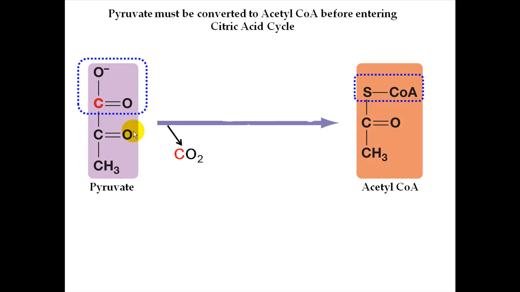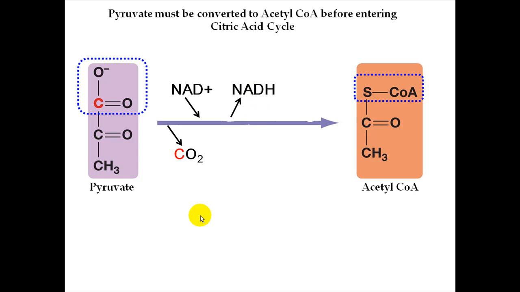It turns out that during this step, this conversion of pyruvate to acetyl-CoA, this is another step where high energy electrons are released, and so here's another place where NAD+ can come in and pick up electrons and a proton to become NADH. And so here's another source of the NADH that can go to the electron transport chain.